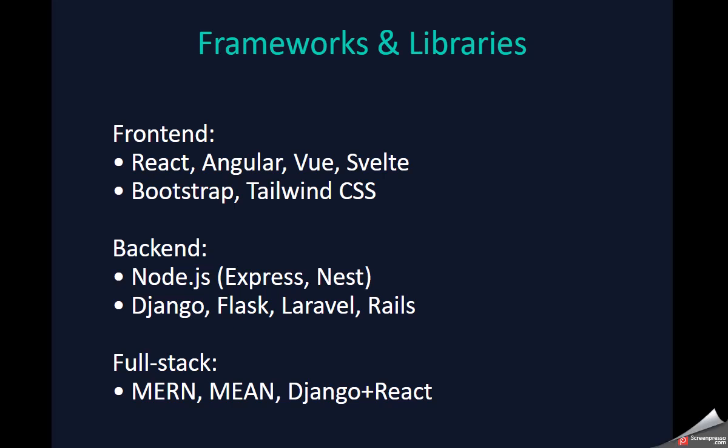We have Django, Flask, Laravel, and Rails. For full stack, we have MERN full stack development, MEAN full stack development, and then Django plus React. In our next video, I'm going to dwell more on full stack development.